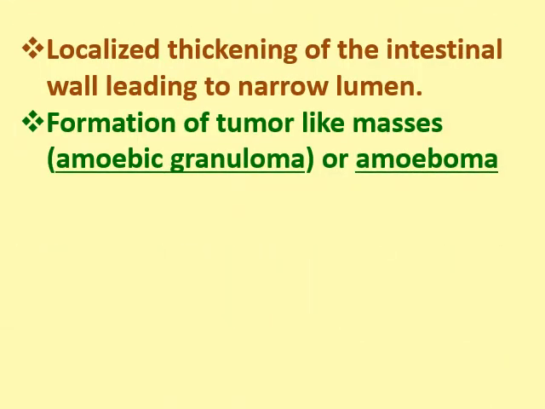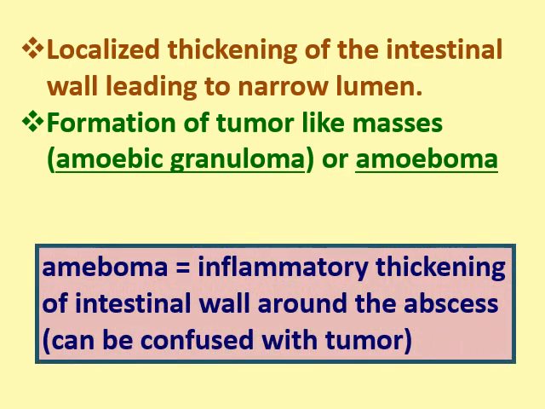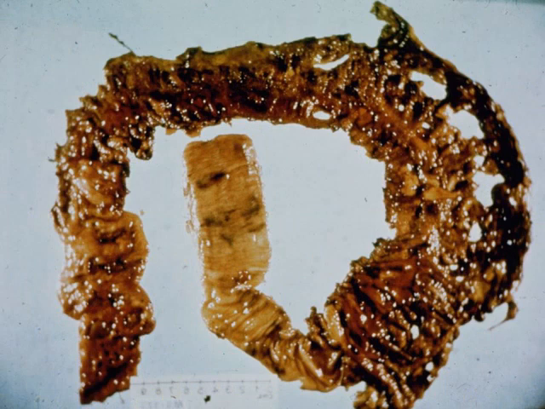Localized thickening of the intestinal wall leads to a narrow lumen and formation of a tumor-like mass, which we call amoebic granuloma or amoeboma. Amoeboma is inflammatory thickening of the intestinal wall around the abscess, and can be confused with a tumor. This is an autopsy of the large intestine, perforated by infection with Entamoeba histolytica.